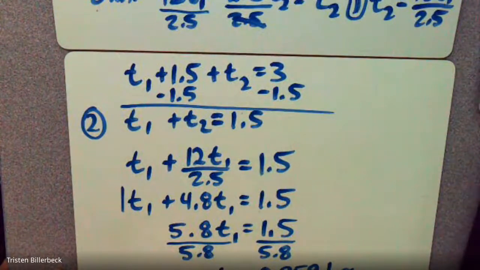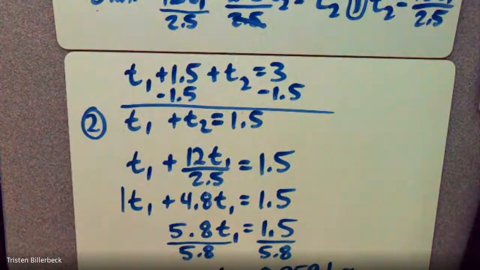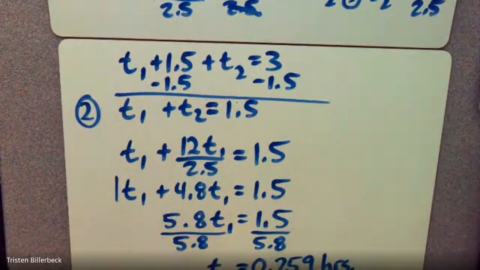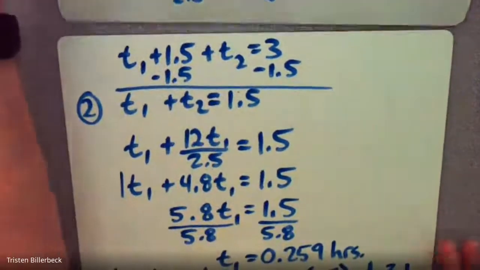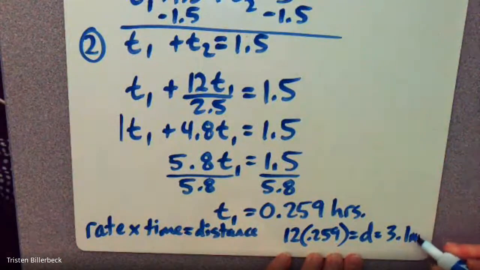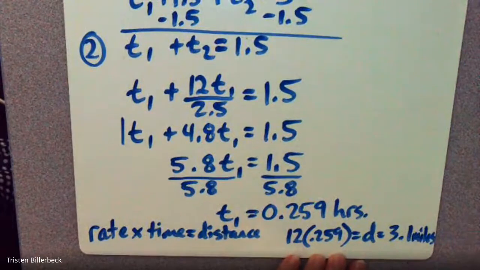So we go back to our first equation up here, 12 times the 0.259 to find our distance, which is 3.1 miles. And don't forget your units because miles and inches are very different. Okay, so that's how we would solve that type of problem.